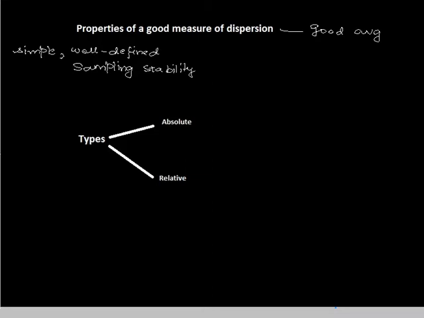In fact, this is the property that ascertains that the same measure of dispersion calculated from different samples of the same population must be the same. If you have a population, you take out samples and you see the dispersion, it should be equal for all samples.